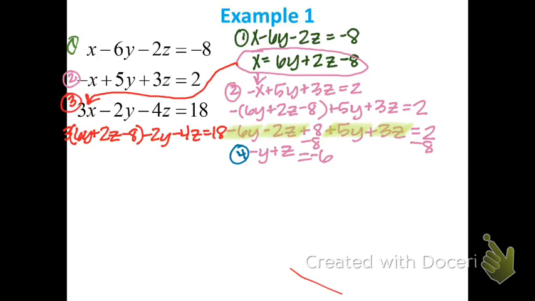I'm going to distribute: 18y plus 6z minus 24 minus 2y minus 4z equals 18.